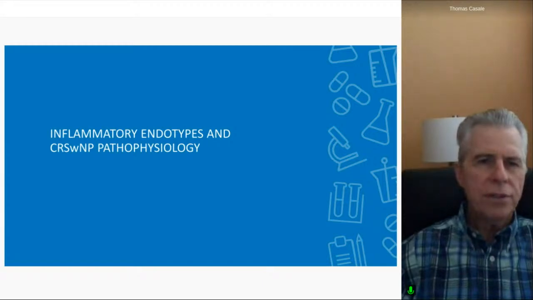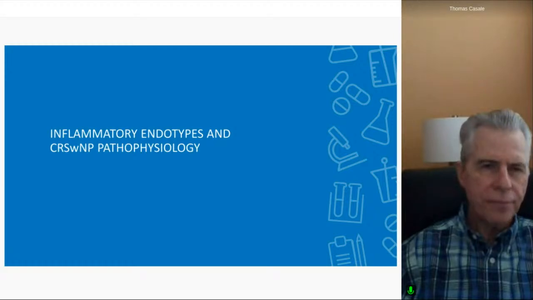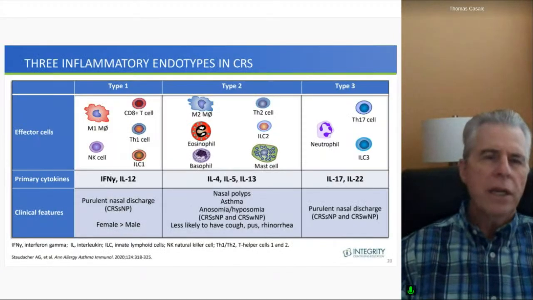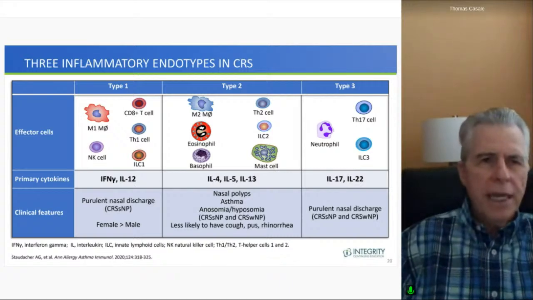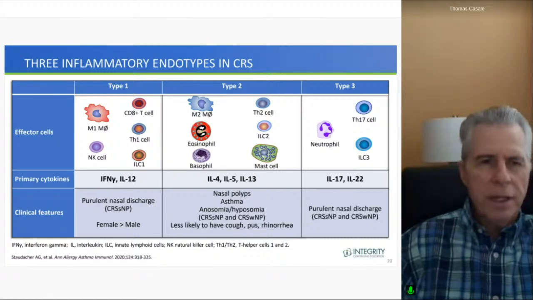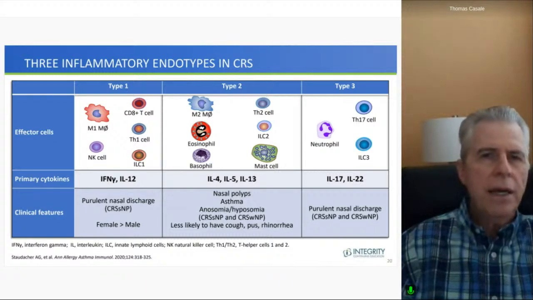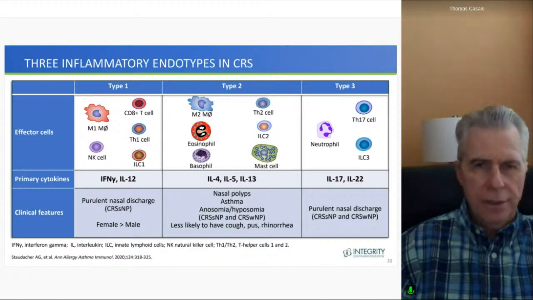Now, I want to describe a little bit about the inflammatory endotypes and phenotypes. So, sometimes, again, this is confusing. So if you look at the effector cells and the primary cytokines and clinical features, there are differences in these 3 broadly based phenotypes of chronic rhinosinusitis.